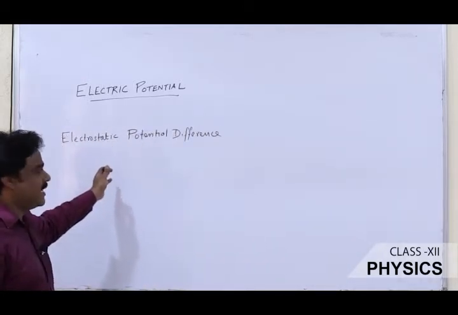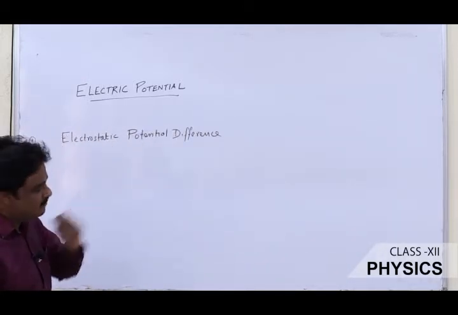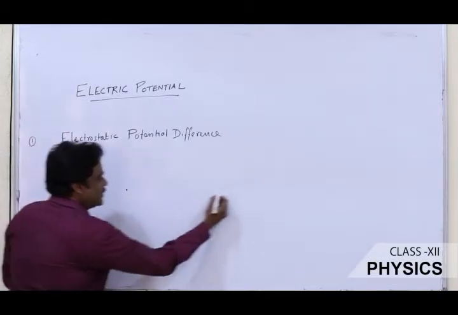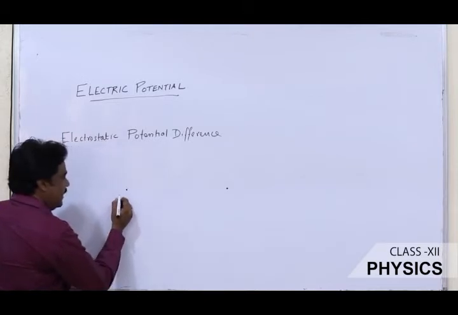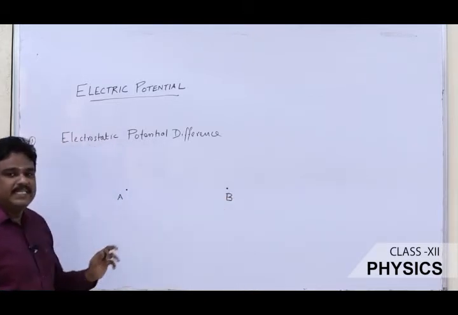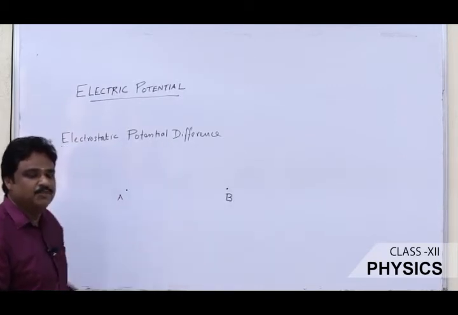So what is electrostatic or electric potential difference? For this I am going to consider 2 points, say A and another point B. These 2 points are in an electric field.